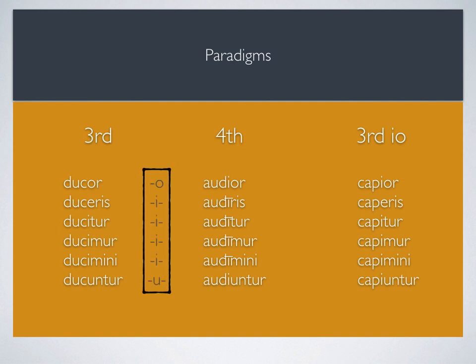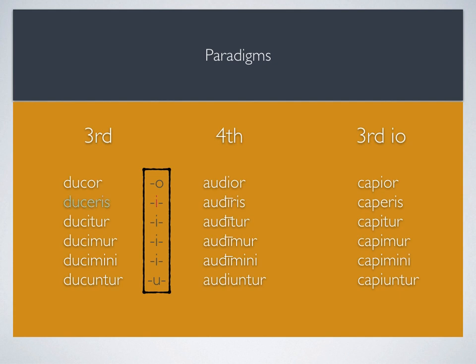Okay, the first thing we're going to talk about are connecting vowels. So, for third conjugation, we have to have what's called a connecting vowel because we find the stem of a third conjugation verb from the first principal part instead of from the second principal part like all the other verbs. For third conjugation, present active, our connecting vowels are O, I, U. However, for passives, they're not.